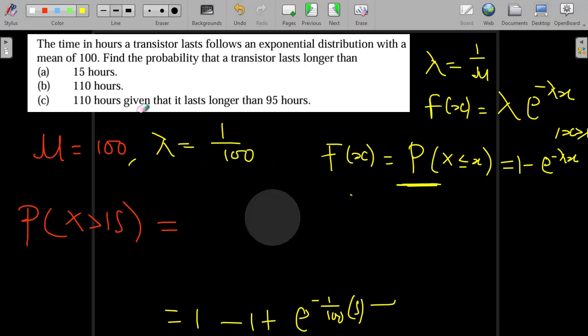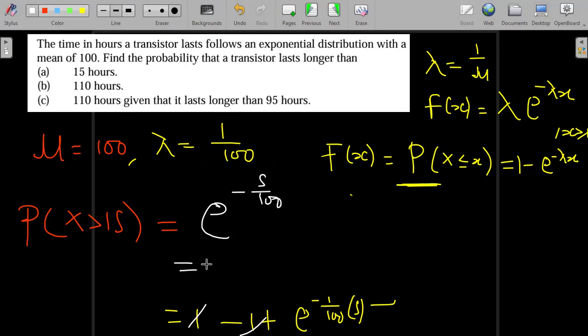So we see that this one and this one will cancel, so we just remain with e to the power minus 15 over 100. This is not hard. You just get your calculator and approximate it. Actually it is 15, why was I writing 5?